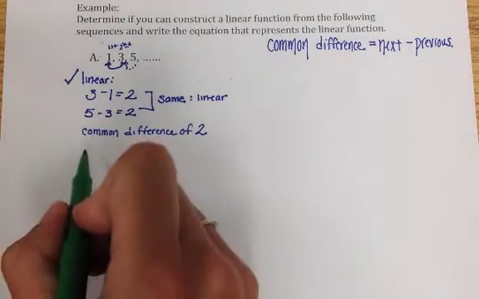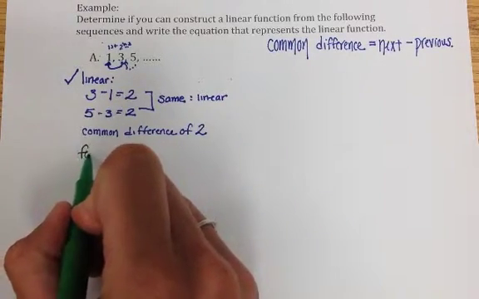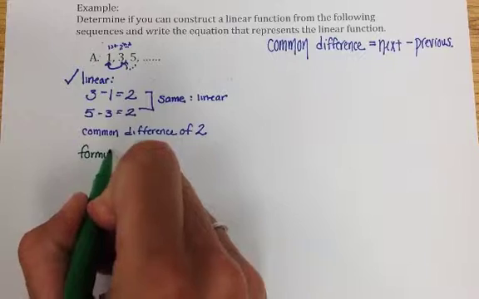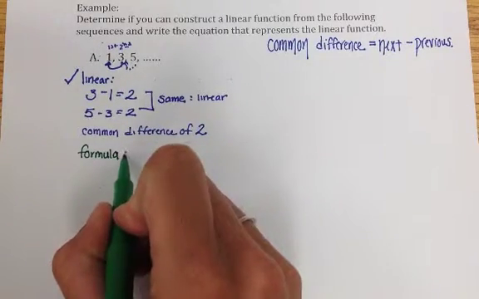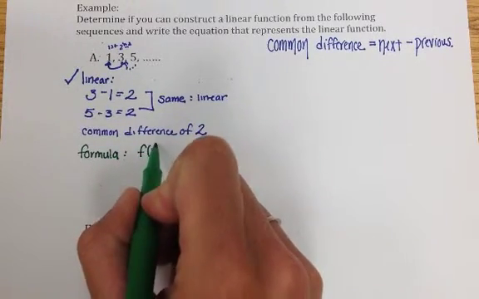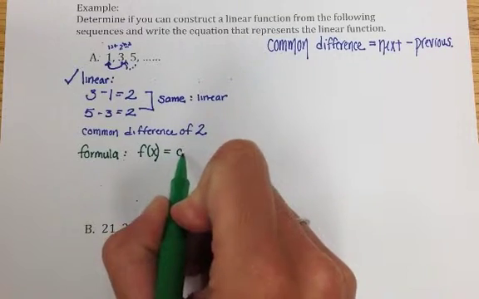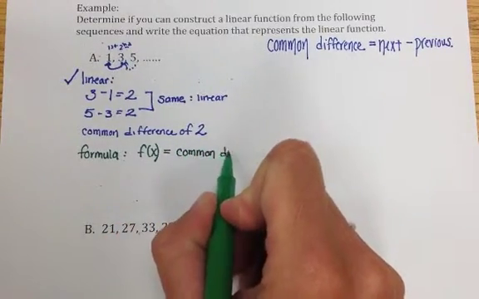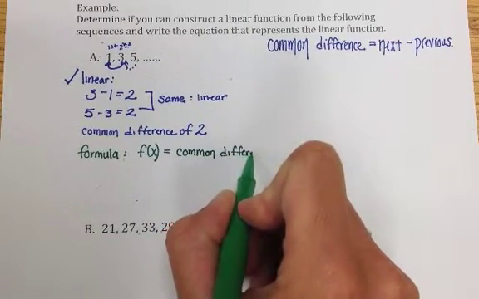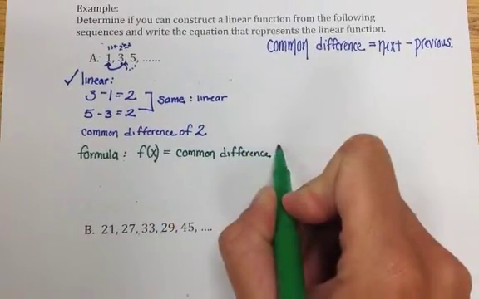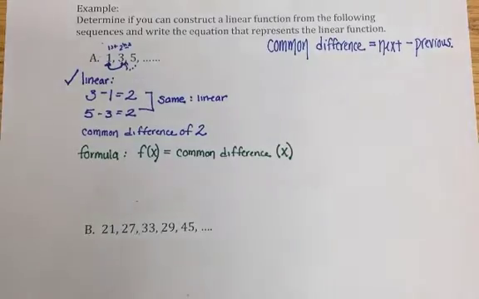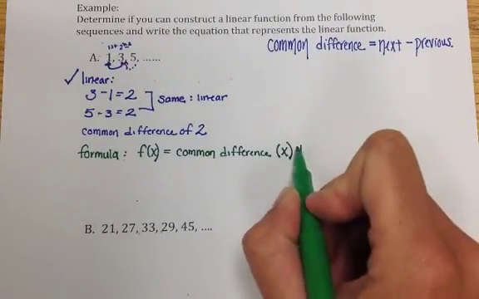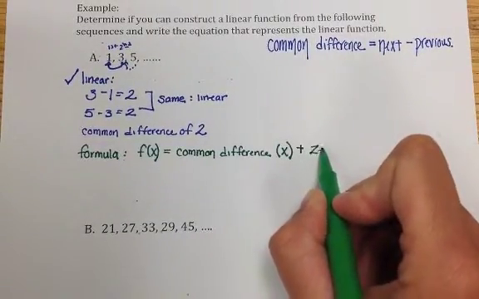Our formula to write our equation is going to be f of x equaling the common difference times x, which is going to be our variable, plus this 0 term.